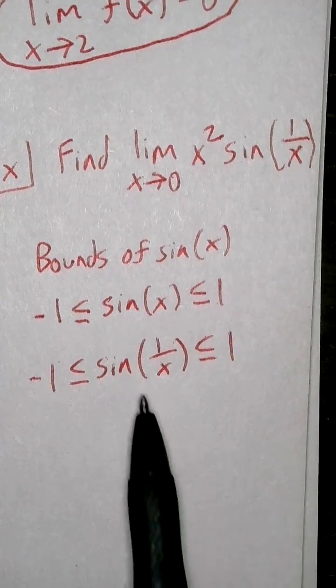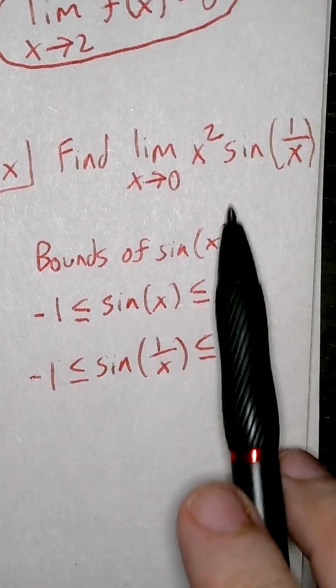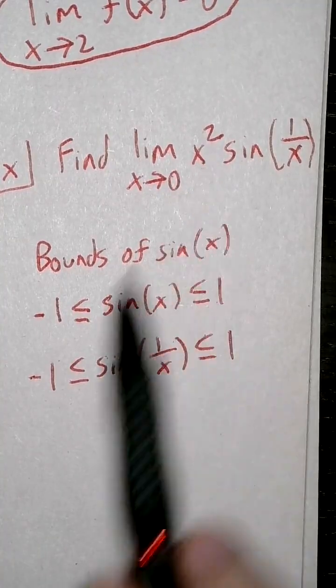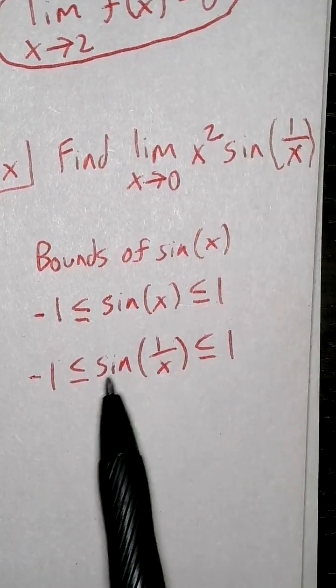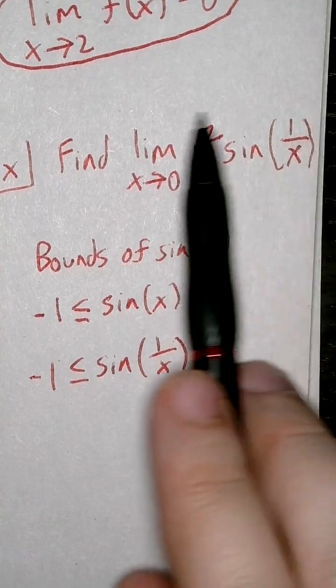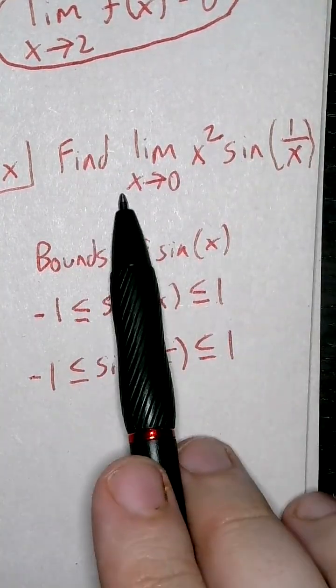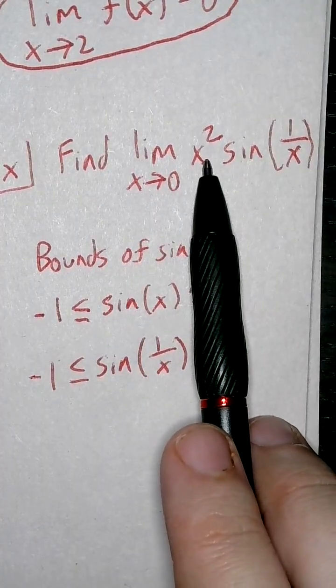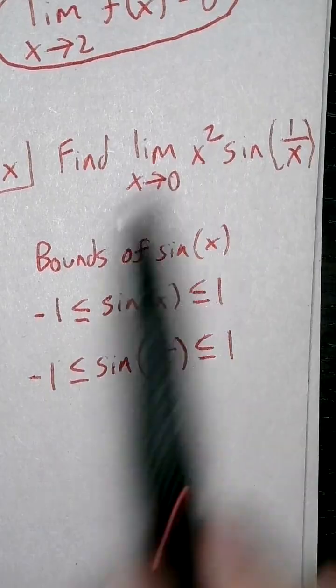So, now what I can do is multiply everything here. Essentially my goal is to get this middle term to match my original problem. So what I'm going to do next is multiply both sides by x squared.